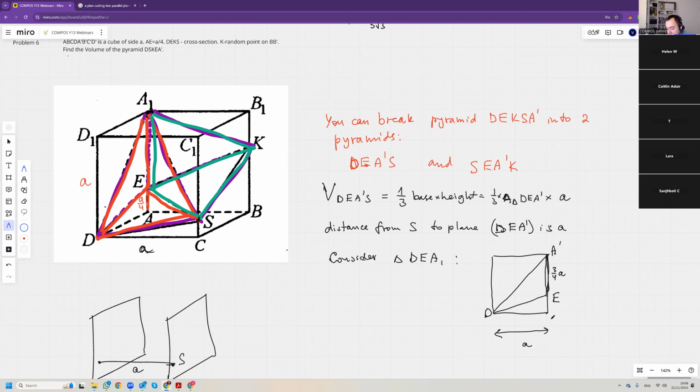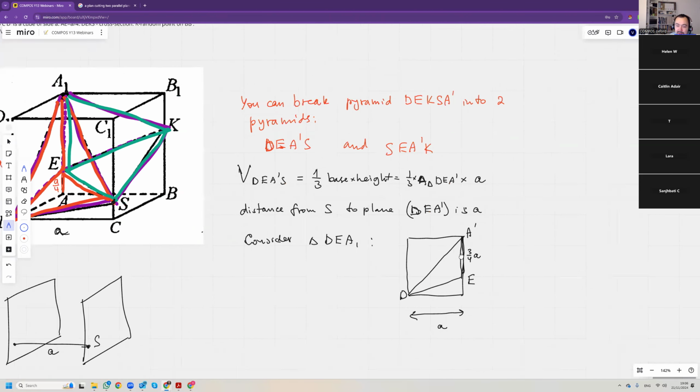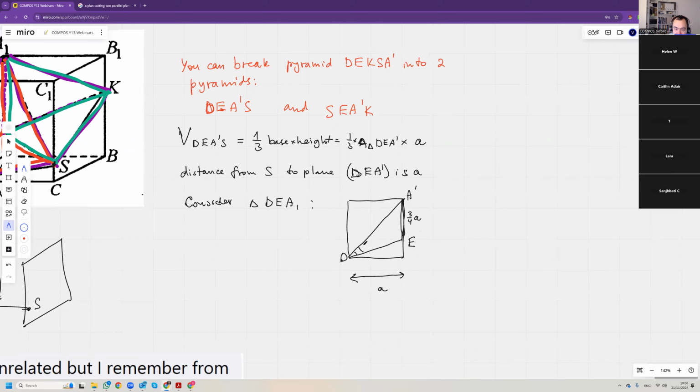So the area of triangle DEA' is 1/2 base times height, 1/2 times 3/4 A times A. That is 3/8 A squared.